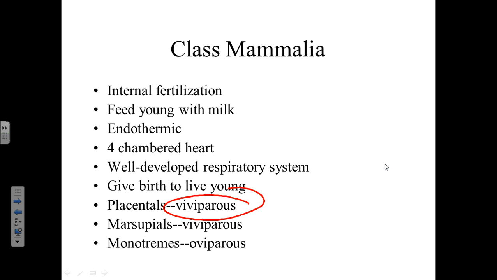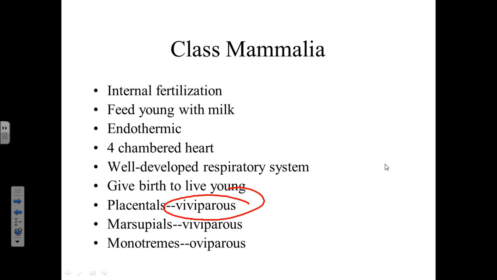Marsupials are things that live in Australia, most mammals in Australia. And what one mammal in North America? It's the only marsupial in North America. The possum. Yep, possum is a marsupial. Now there is a group of mammals, and as far as I know, there's only two examples of things in this group, the monotremes, that lay eggs. They're egg-laying mammals.